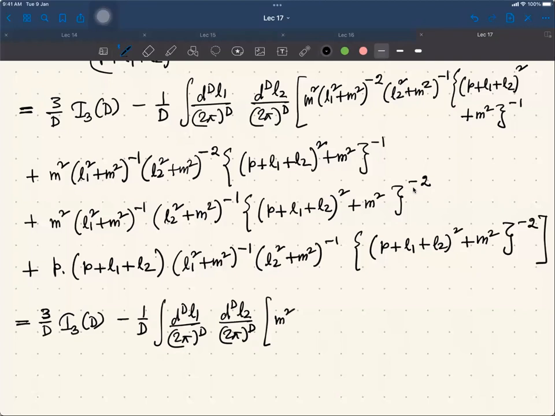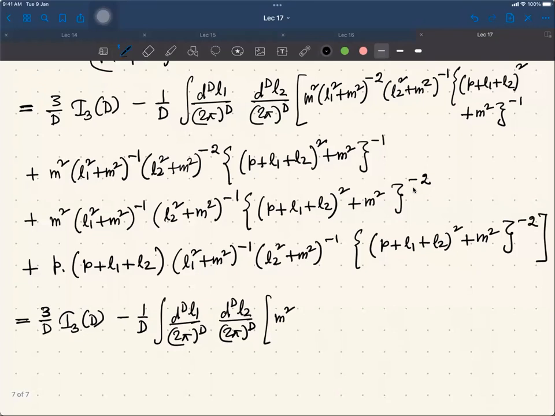What I would do is, wherever we have that factor minus 2, I will make a shift in the corresponding momentum such that this factor, so this is L2, so this factor becomes L1.